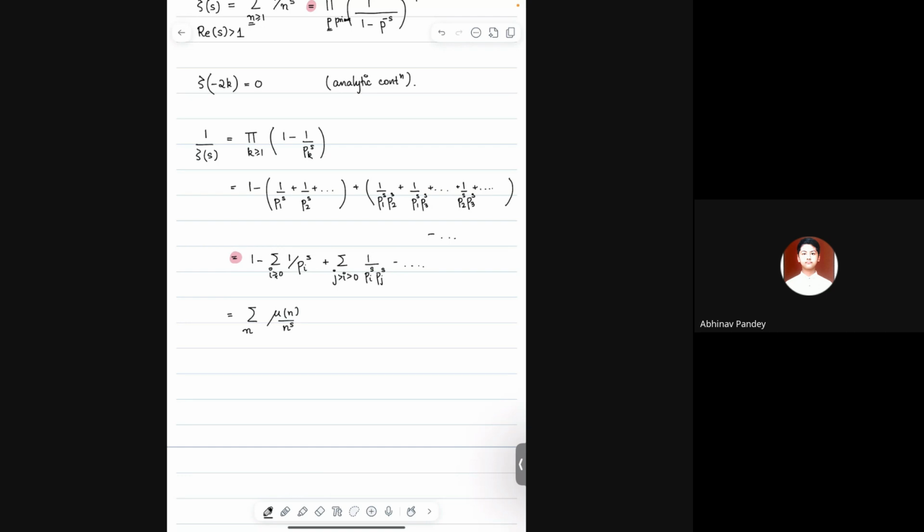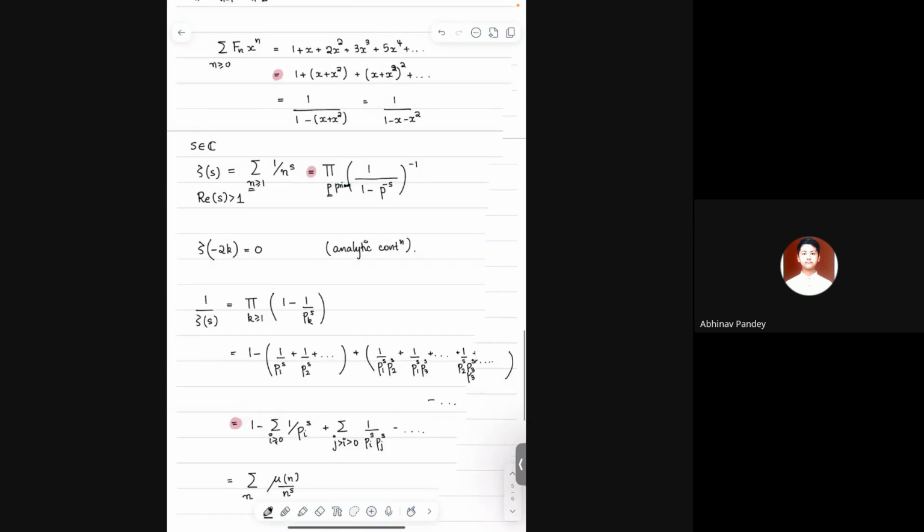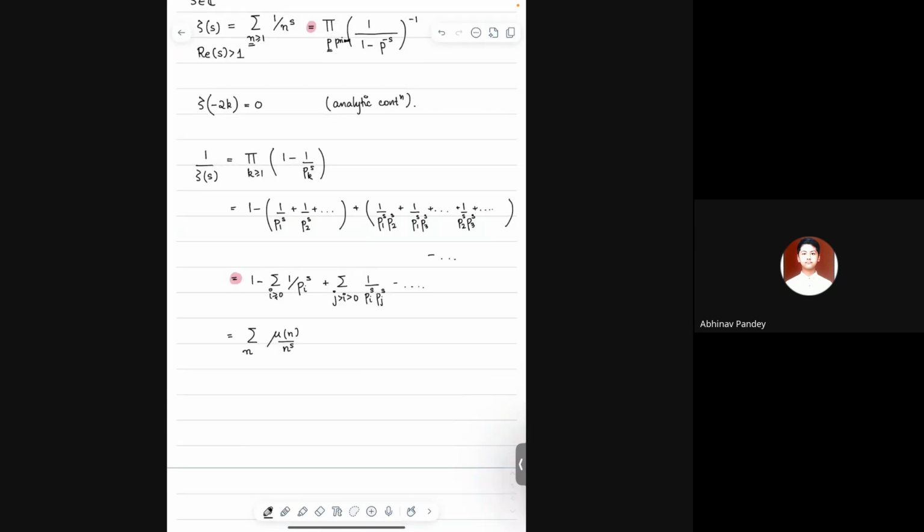So from the definition of what I told you is a generating function, this is not an honest example of one, but morally, what one can say is 1 over zeta s is something like a generating function for the Mobius function.